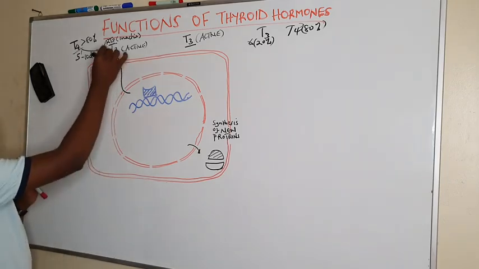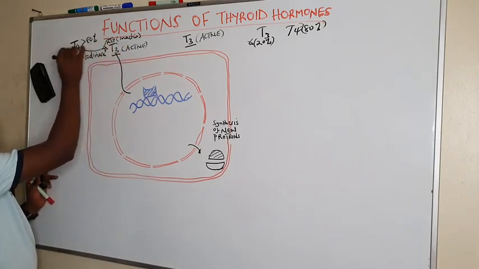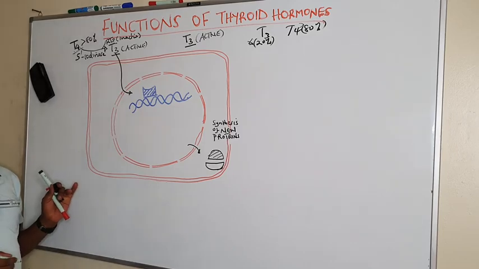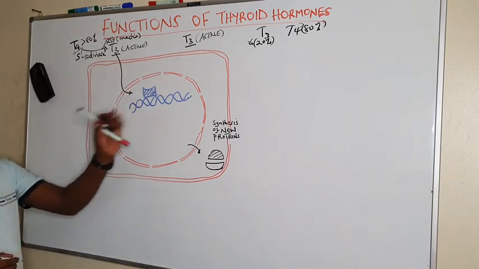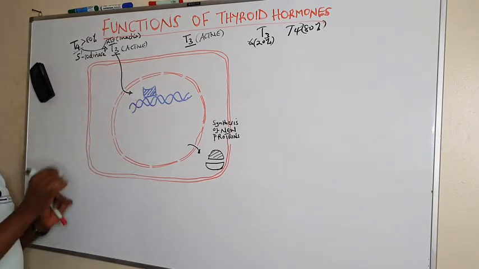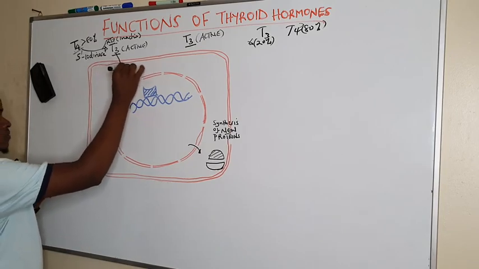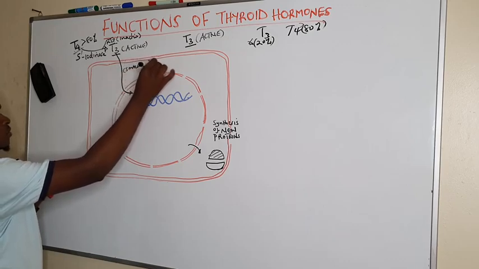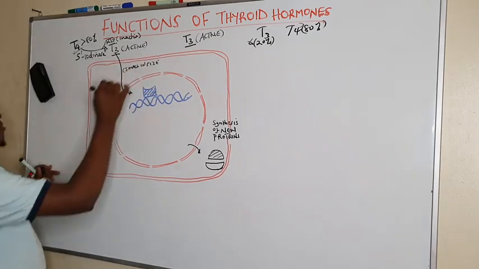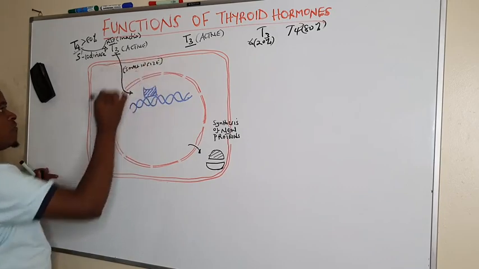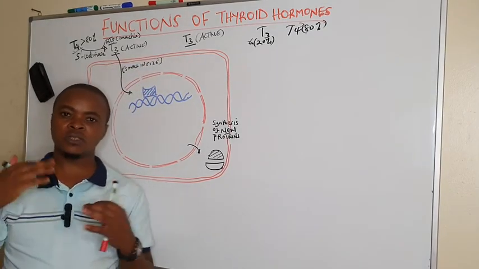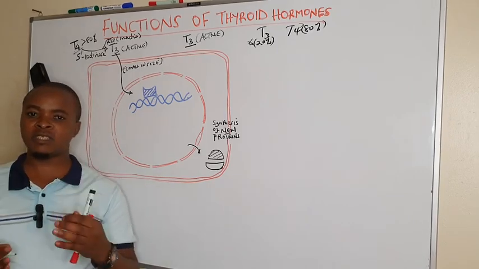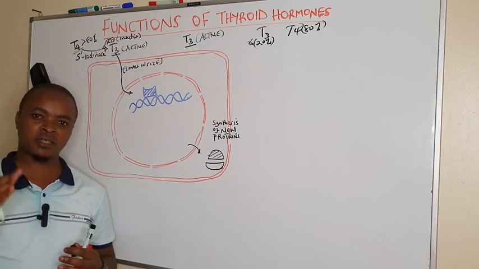So the T3 formed from T4 enters the cell and continues into the nucleus because it is small in size. It is not lipid soluble, but because it is very small, it can cross the phospholipid bilayer, and its receptors are found within the cell.